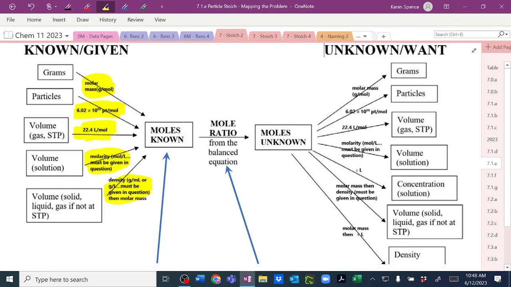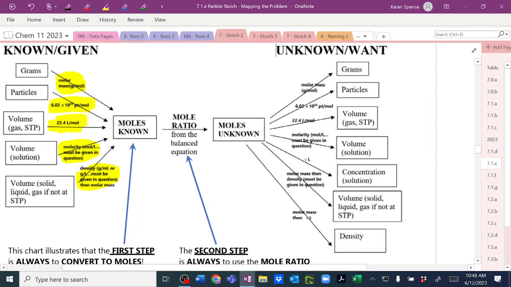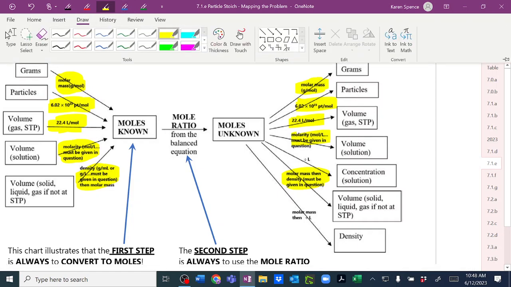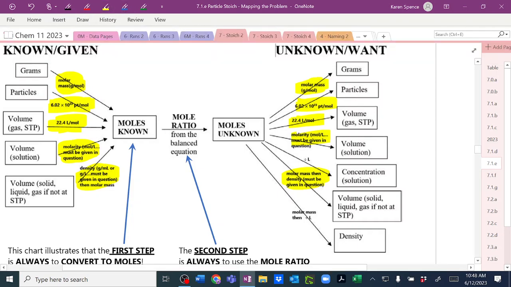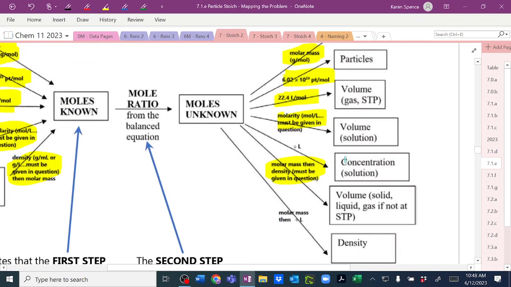And you can use those same conversion factors to convert out of moles at the end. However, there's one thing that's different over here. If you're finding concentration, which is what you did over the weekend, I hope, remember, what is concentration measured in?